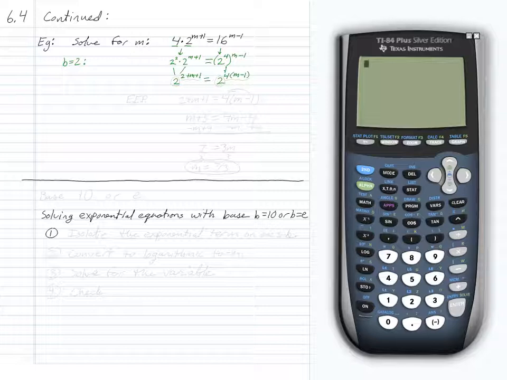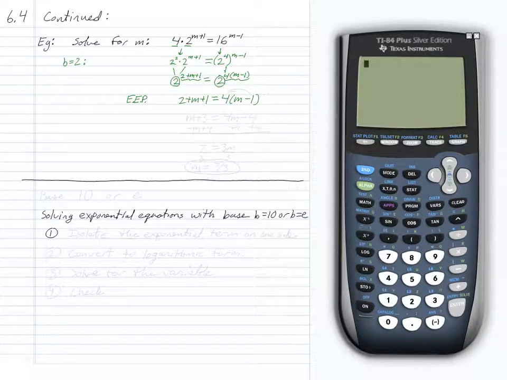Each side of this can be simplified further, but at this point we have equal bases on both sides, so I can use the exponential equality property to say that the exponents must be equal. In other words, 2 plus m plus 1 is equal to 4 times m minus 1.